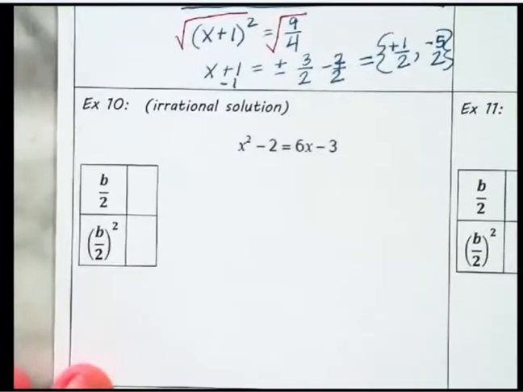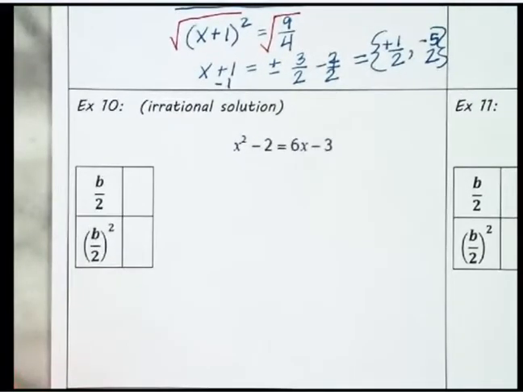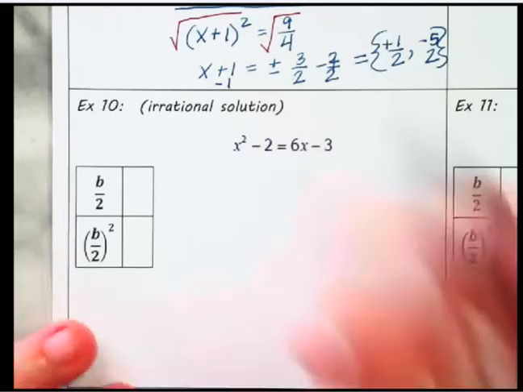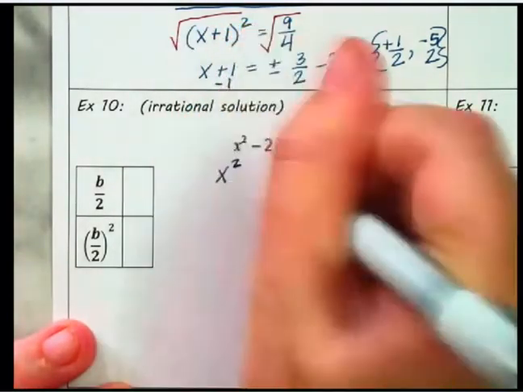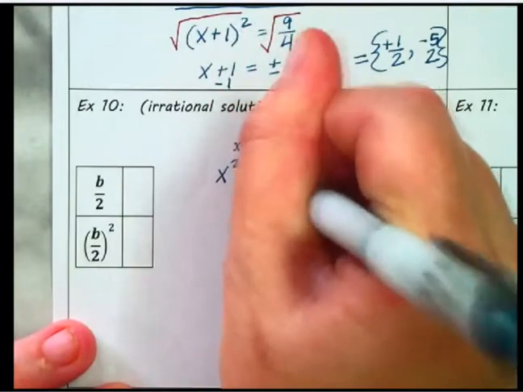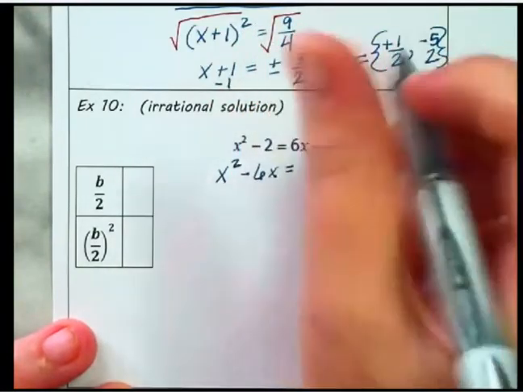So now let us look at example 10. Okay, same rules apply. I need to go ahead and rearrange this so that it is in ax squared plus bx form. So subtract the 6x and then add the 2.